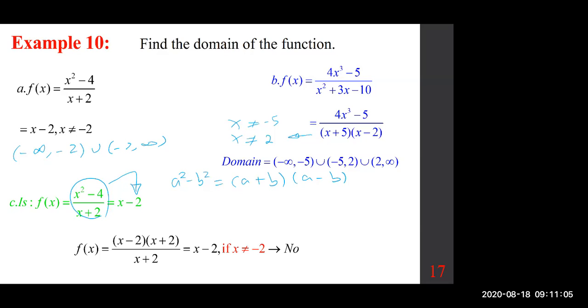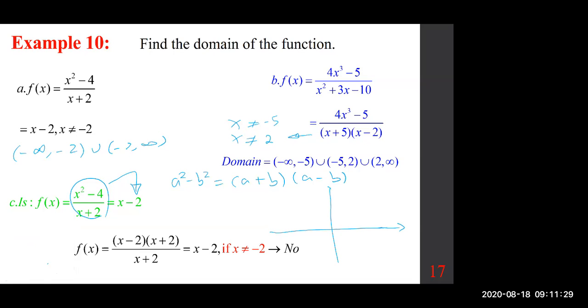So the idea is that if you were to graph y equals x minus 2, let's see if I can use a different color.